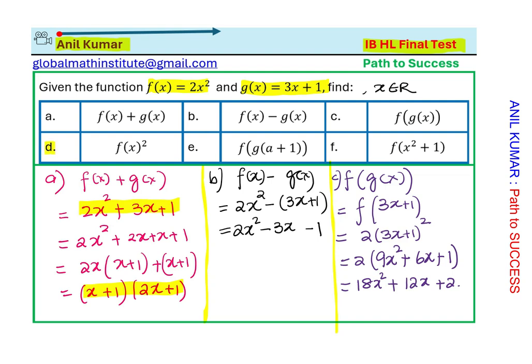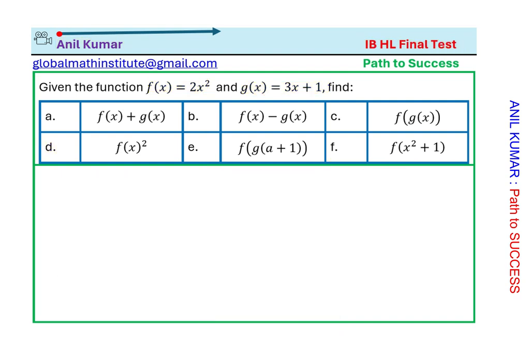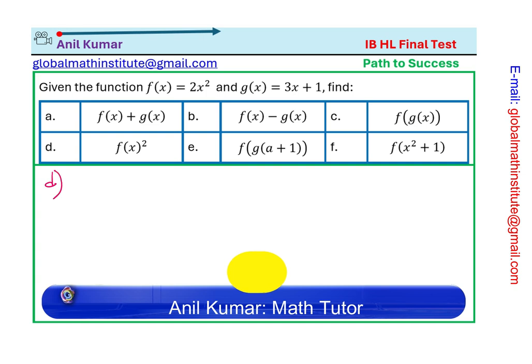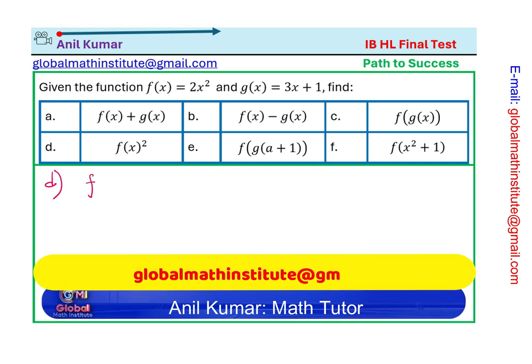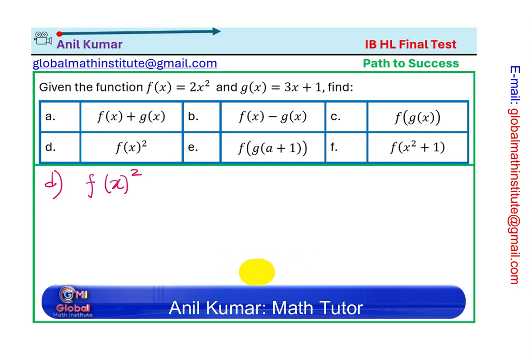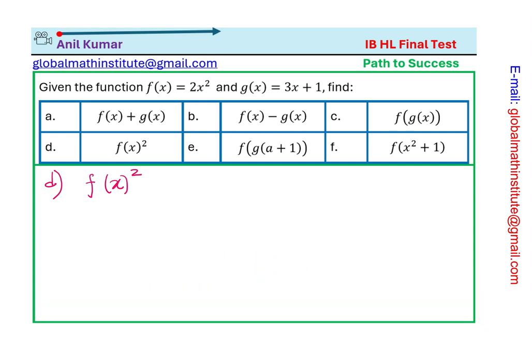Now, let's look into it. Let's begin with part D, which is f of x whole square. In reading this, there can be an interpretation problem. So what I've done here is I've also given you part F, where we have written within the bracket x squared.